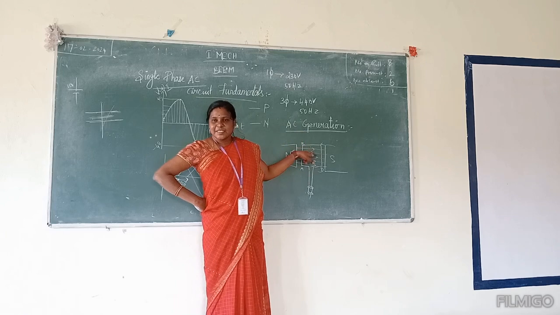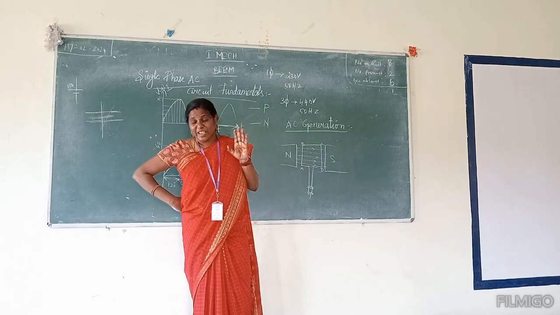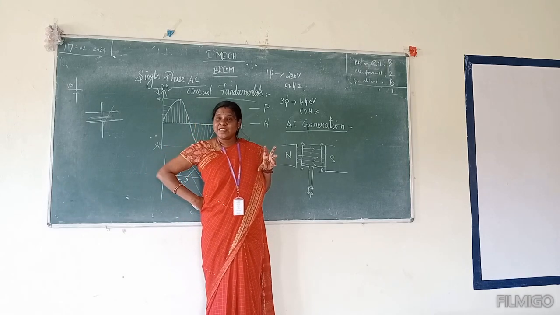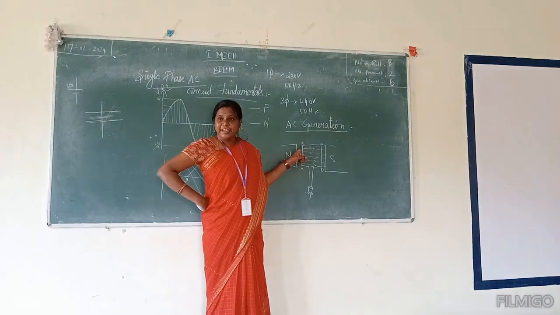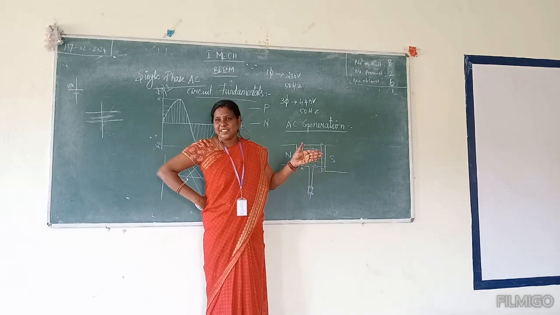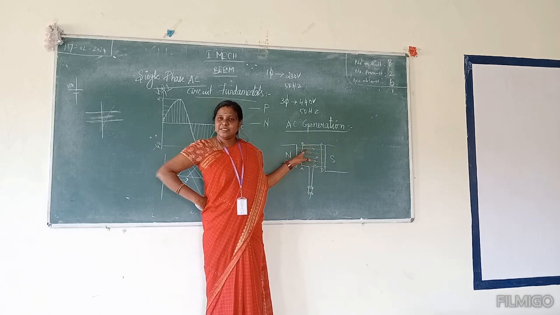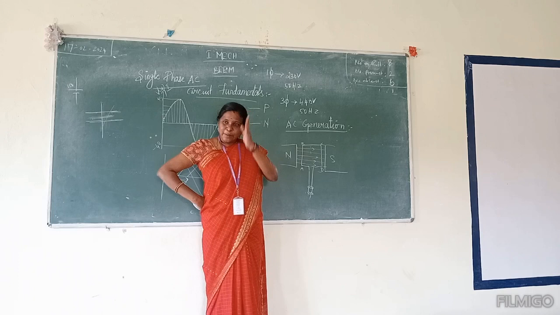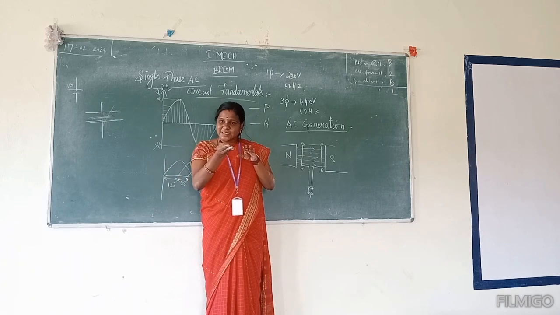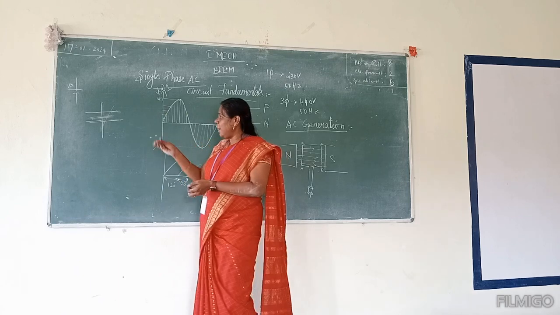This is Faraday's law of electromagnetic induction. What does Faraday say? When a current carrying conductor placed between the flux lines cuts the flux lines, an EMF will be induced. When will it cut? When it is perpendicular. If parallel, it won't cut; it will be placed inside. No EMF. Okay?